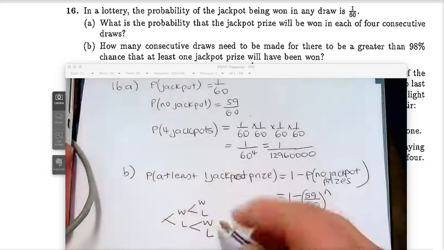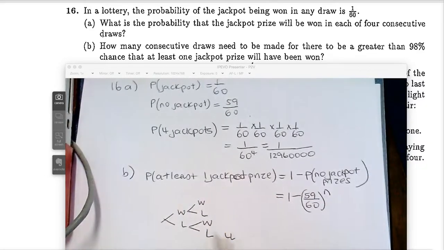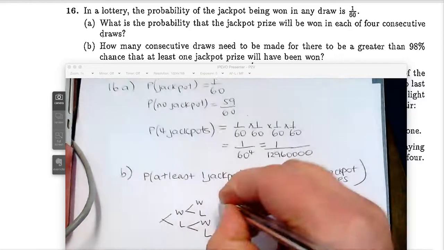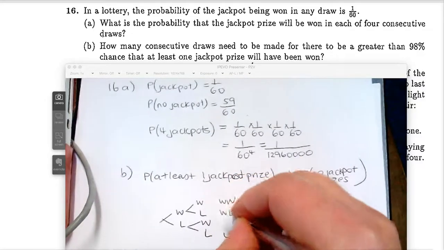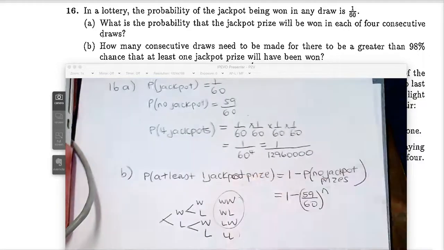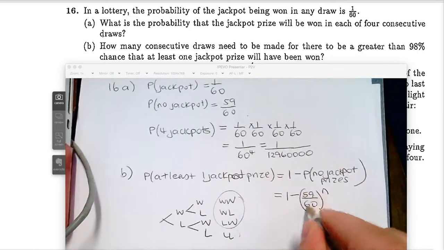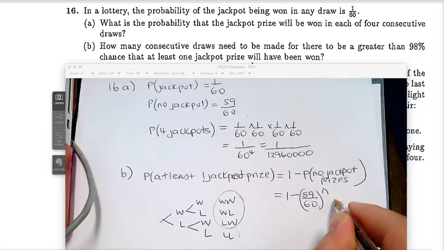We want everything except for lose, lose. At least one means win-win, win-lose, lose-win. So if there were 2 draws, we just want 1 minus lose, lose. Now that's 1 minus 59 over 60 squared.